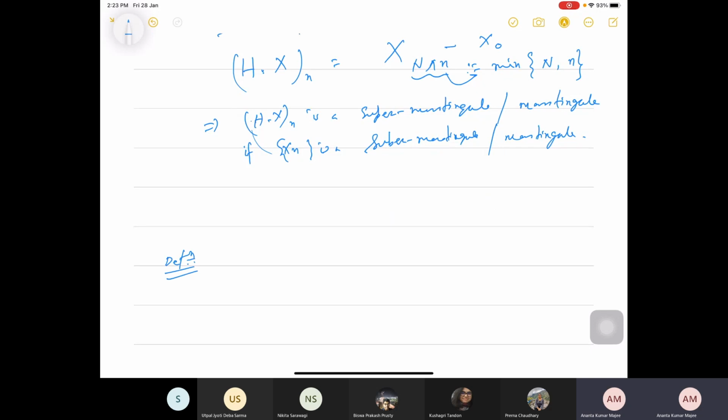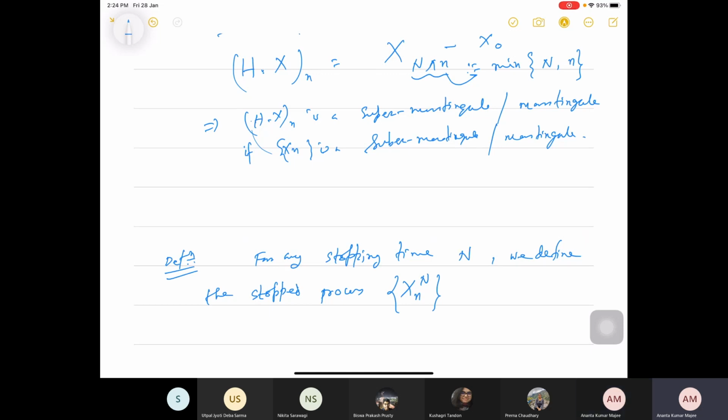Let us make one definition. For any stopping time N, we define the stopped process X^N, which is stopped at N. What is the definition? X^N_n of omega is X of the minimum of n and N of omega.